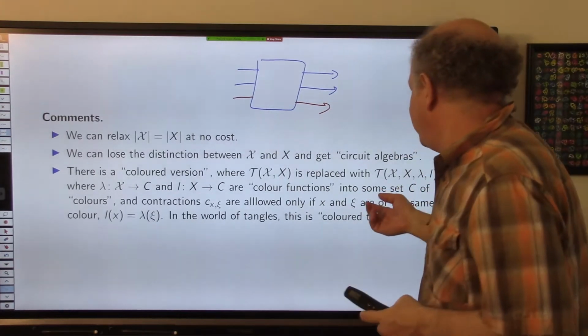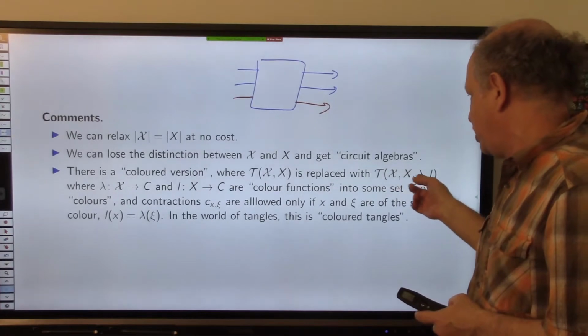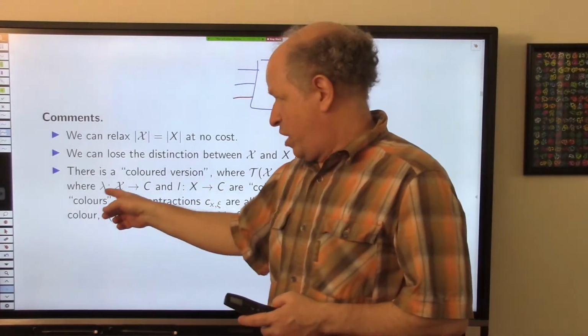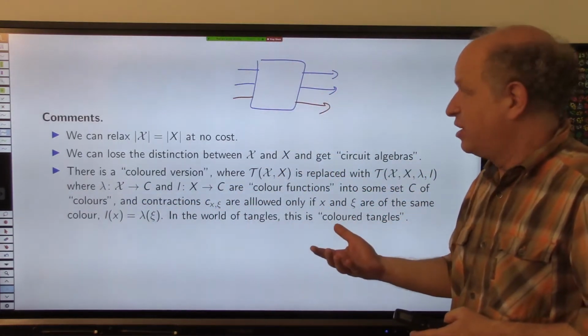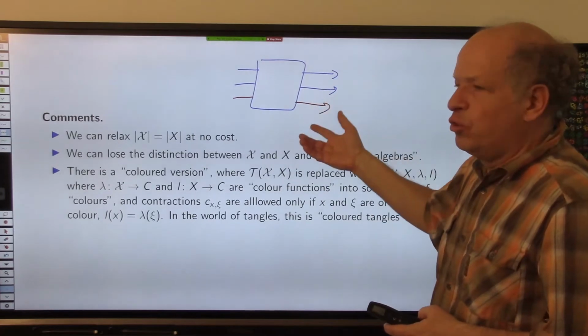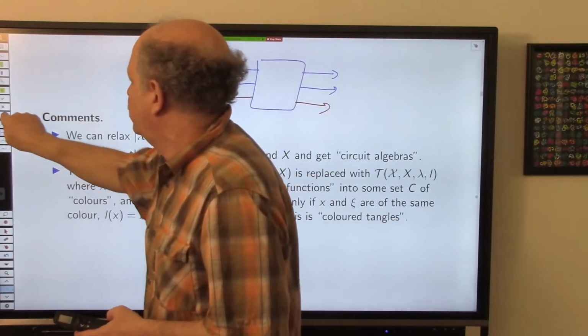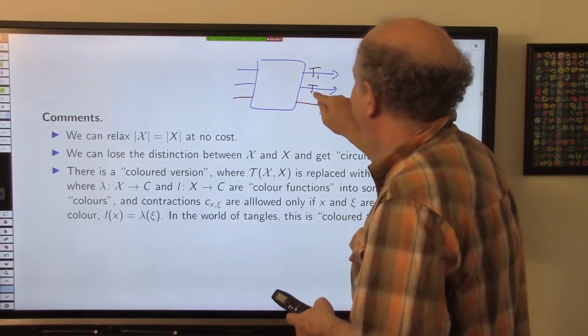All it says is that in addition to the calligraphic x and x, we'll have two functions, lambda and L, where lambda and L map into some finite set of colors. In the example that I've just shown, the colors are blue and red, but more generally, they're just letters.